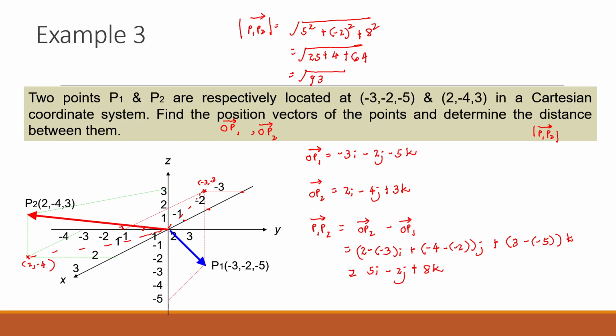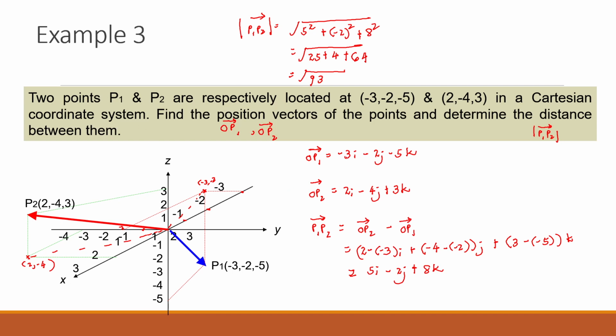Okay, so the distance between them will be the square root of 93. Correct, so the answer is the square root of 93.